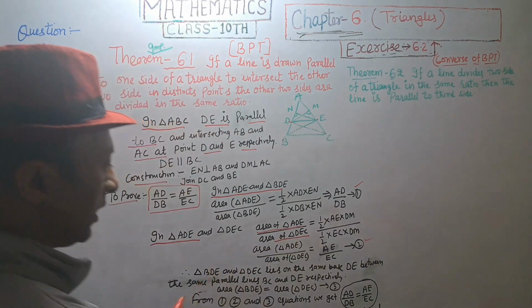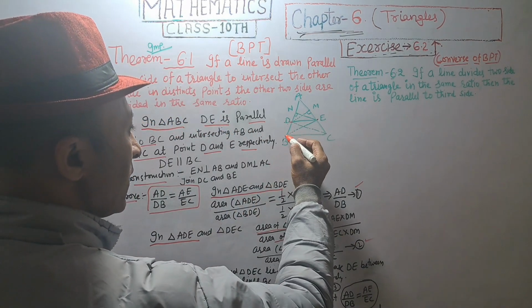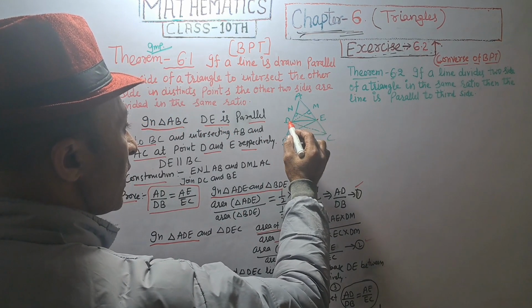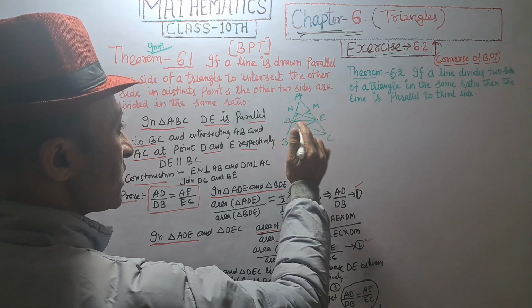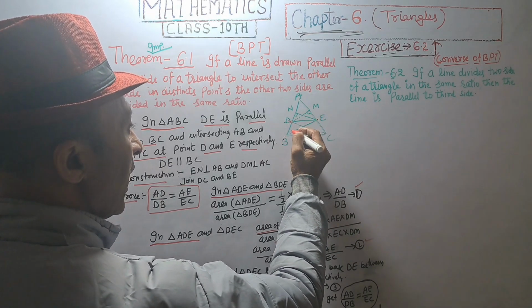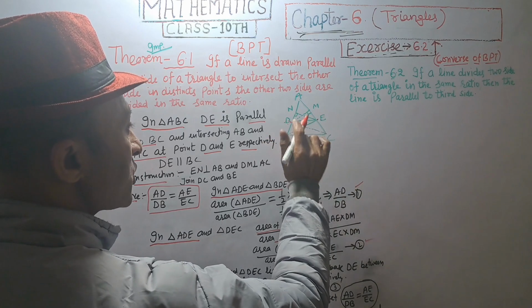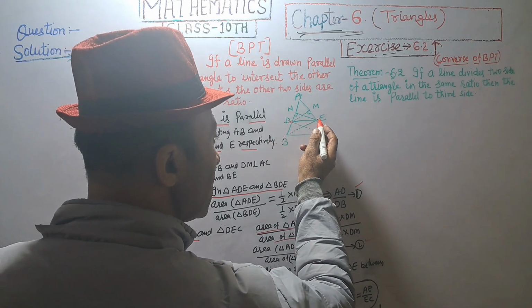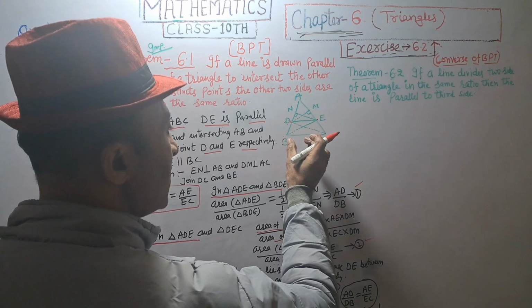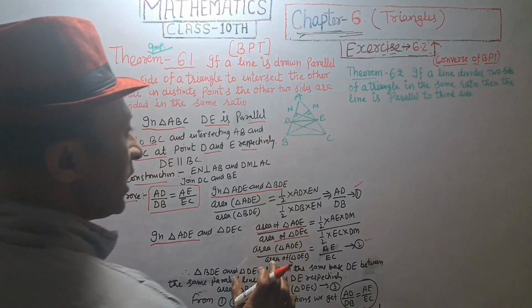It's equation number second. And triangle BDE and DEC lie on the same base DE between the same parallel lines BC and ED.